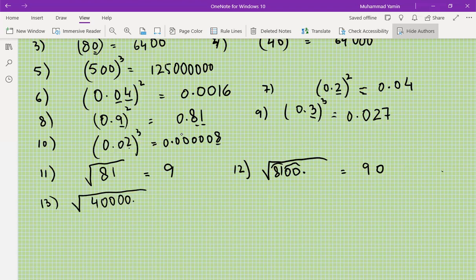The decimal is at the end, as usual. There is no decimal here. Then the square root will be a pair of zeros, meaning 1 zero. A pair of another 0 means another 0. And then the square root of 4 is 2. So 200 is the square root of this.